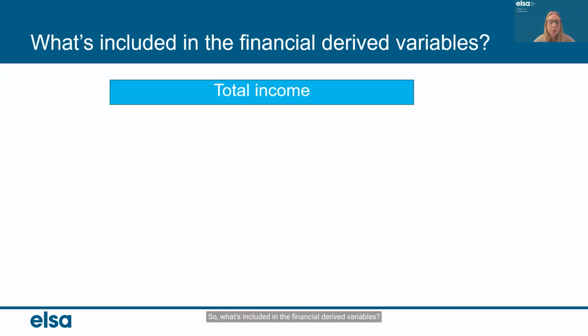What's included in the financial derived variables? Well, it includes both top-level summary variables and more detailed components. For income, the most aggregate summary variable, and the one that is useful to a wide range of users, is simply total income.